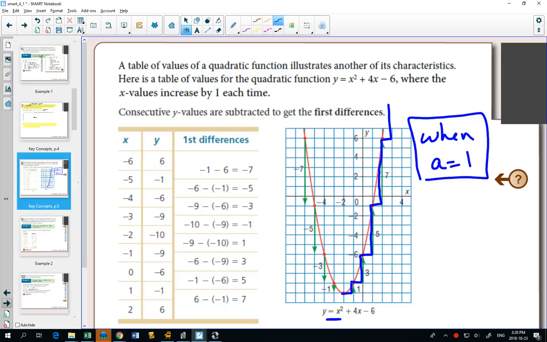The only thing I need you to remember from this is that basic idea that on a parabola it goes over 1, up 1, over 1, up 3. So if you can find the vertex of a parabola, and you know that the a value is 1, you'll be able to graph it quickly.